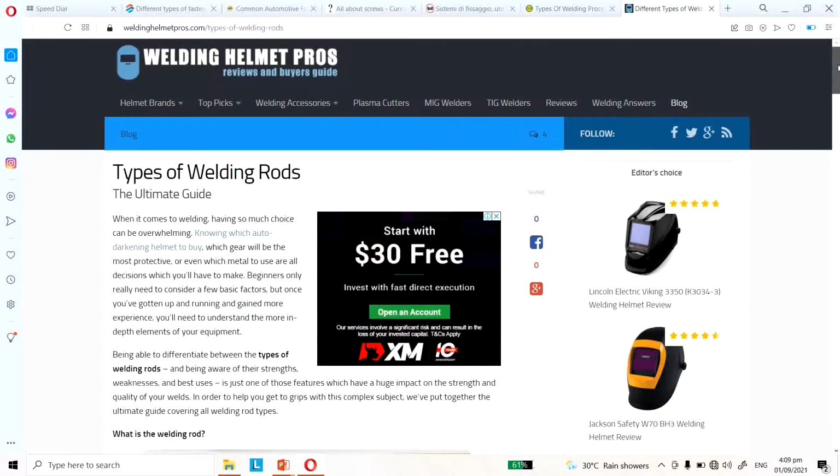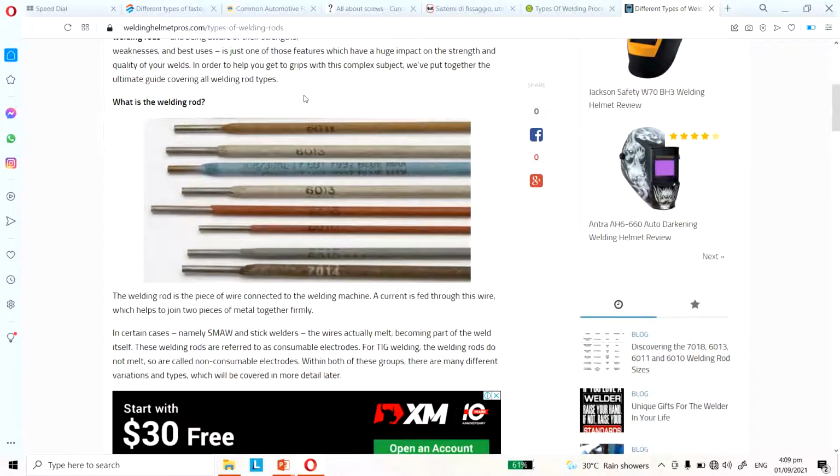In terms of the welding rods, there are many types, and you would notice the numbers right here. Let's say 6011, and this is 6013 or 7013. We have discussed this already in our structures engineering course, that the first two digits refer to the strength of the joint in KSI.